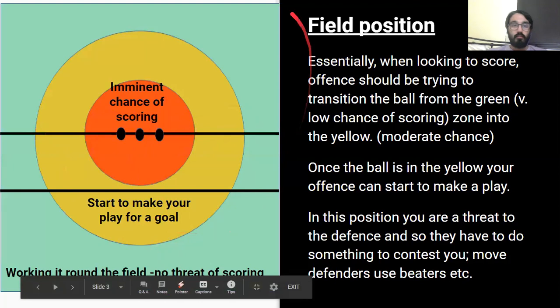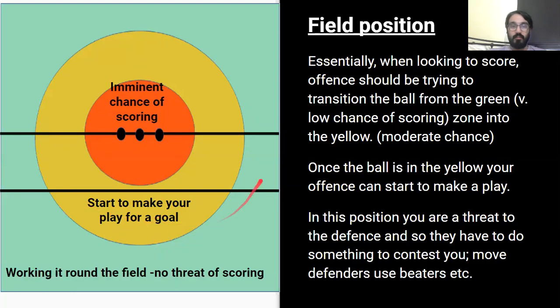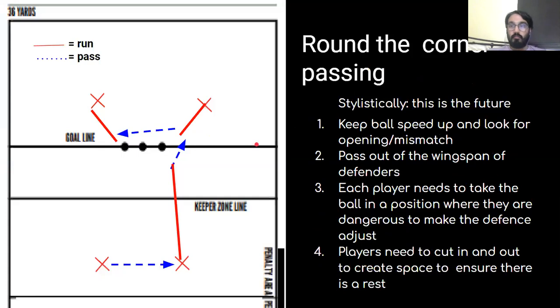So as you can see, because we can tackle the way around the hoops, there is still a yellow zone here, there's still a red zone here, which is going to come round this side. Trying to transition it from here to here to score. So, very straightforwardly, this is what we're looking to try and do.